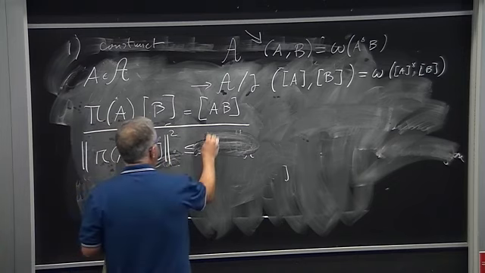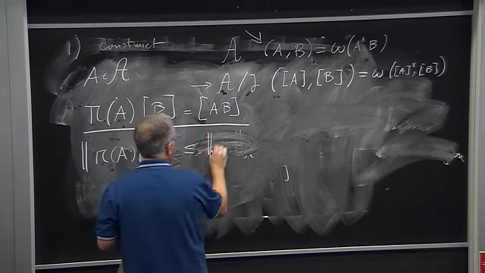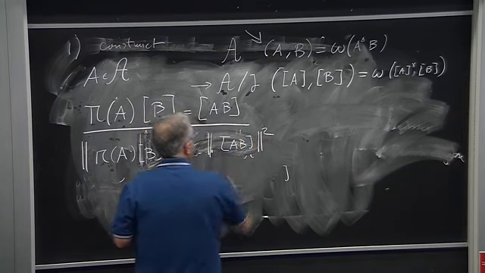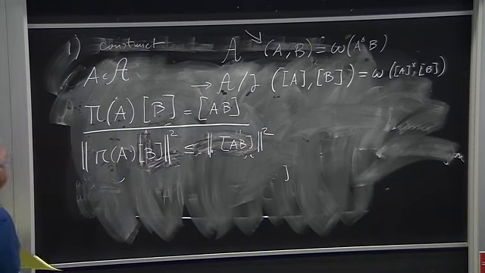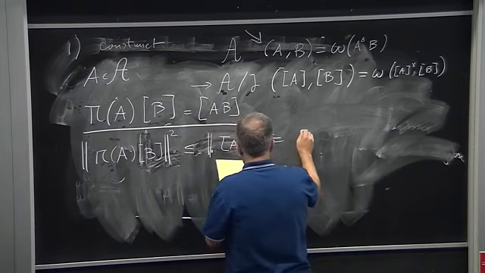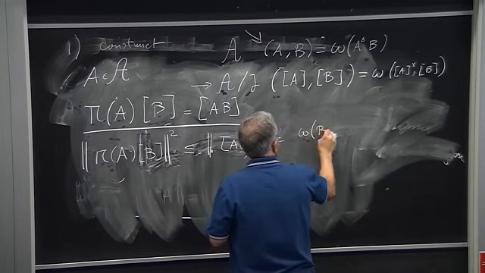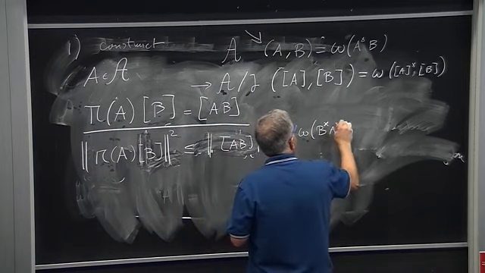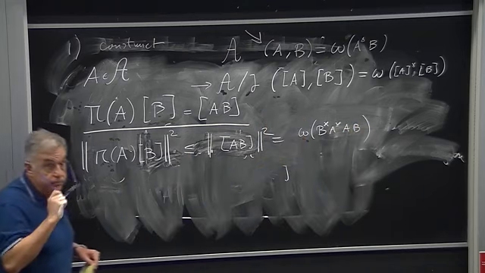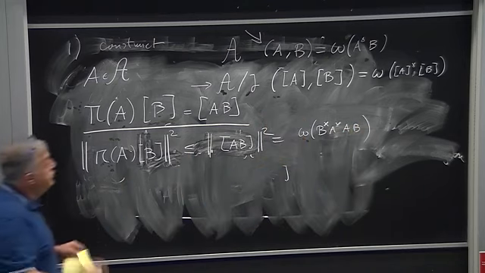This is the norm, according to this definition, of AB squared. And this is what? This is omega of B star A star A B, according to the definition.